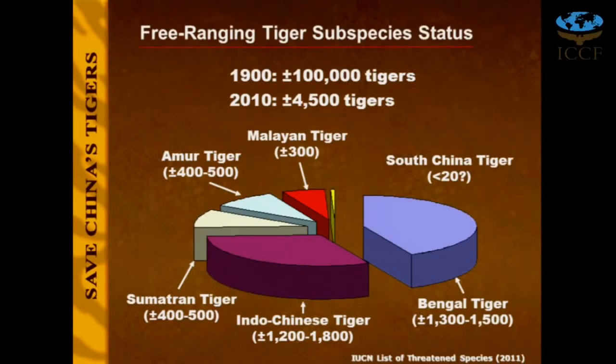The number of tigers 100 years ago, there were 100,000 throughout Asia in tiger range countries. What's interesting with that figure is that by 1950, in a matter of 50 years, the tiger numbers have dropped to 40,000. So 60,000 disappeared between 1900 and 1950.